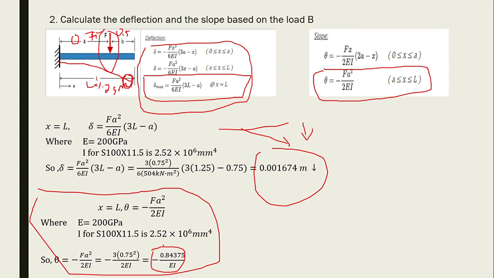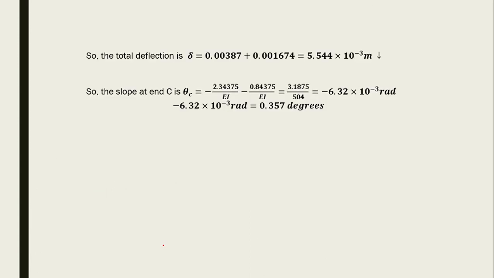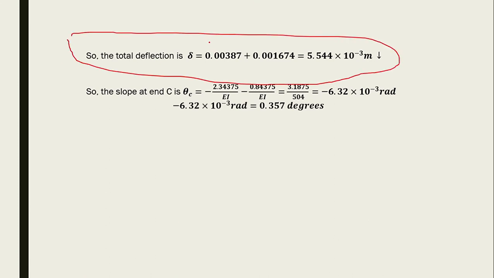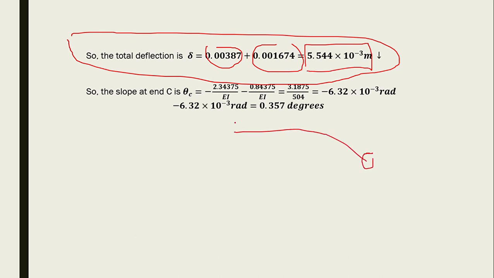After getting the deflection at the first load and the second load, and the slope at the first load and the second load, we just need to calculate. So the total deflection is from the first load plus the second load, then we get this number, the final max deflection.